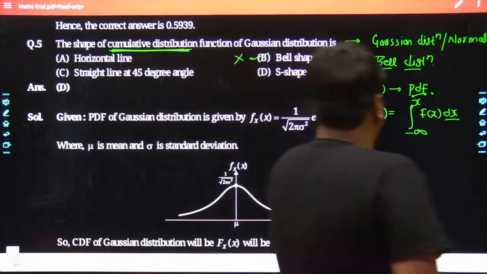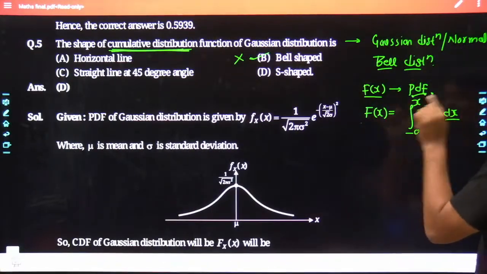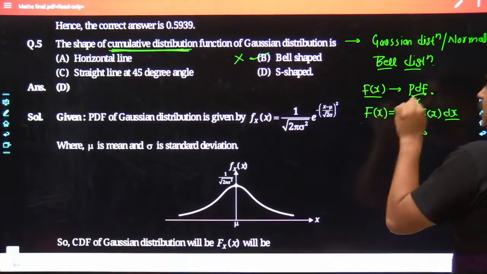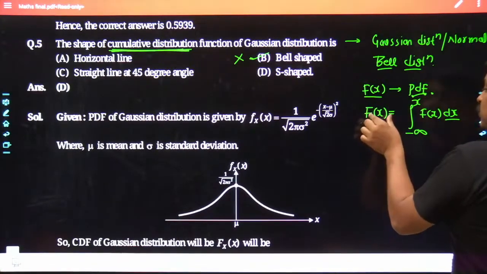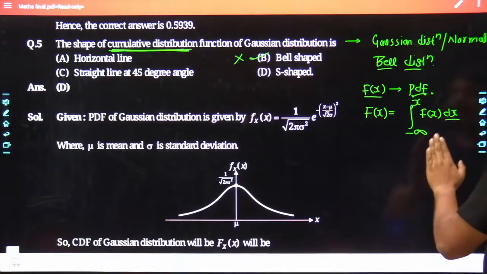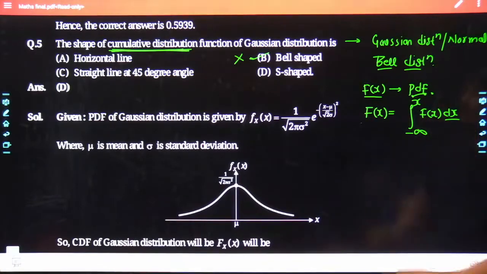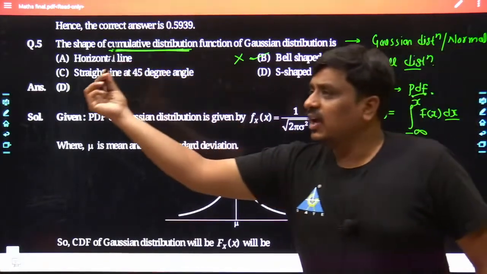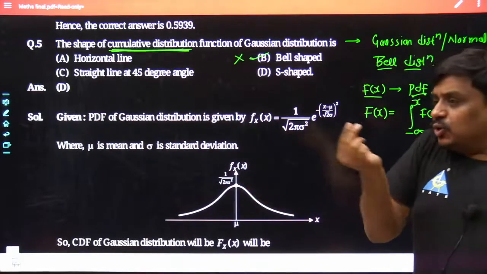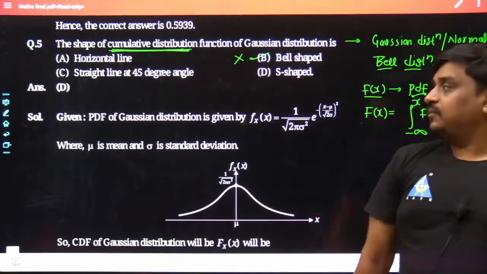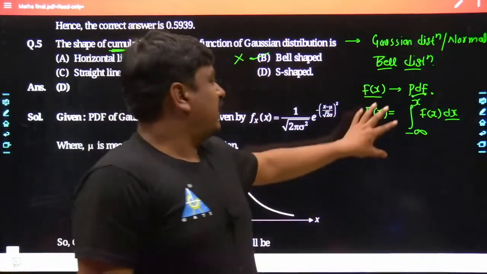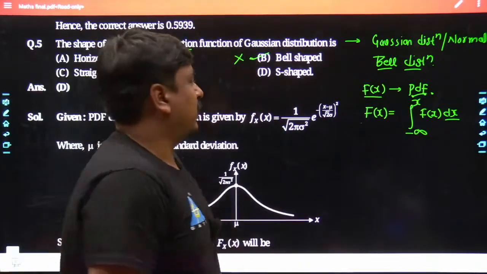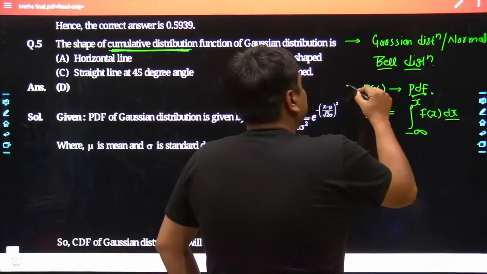May I know what this actually means? That means at any point of x, the cumulative function, or probability cumulative function, would be the same as the area under the curve of the PDF, accumulated from minus infinity till that point x itself. Could you understand what I am saying? Nobody should get confused.